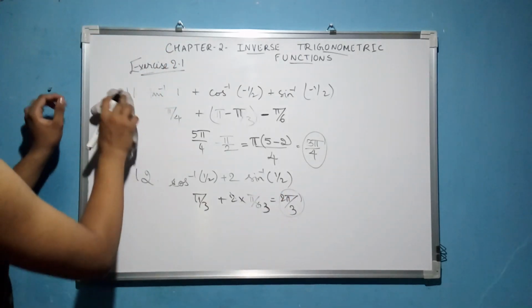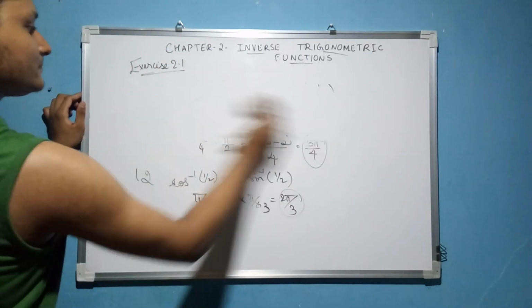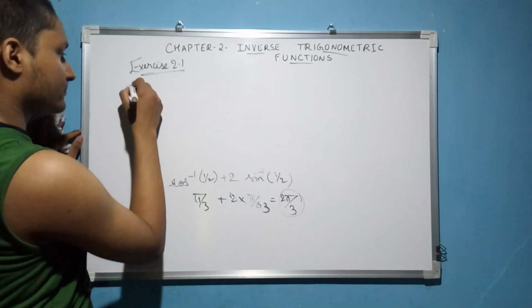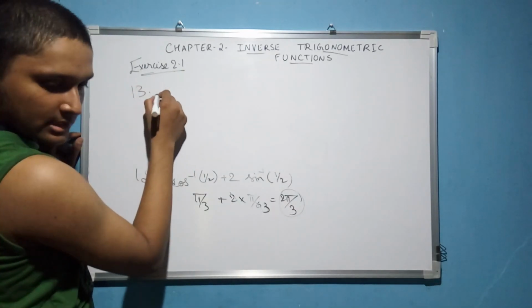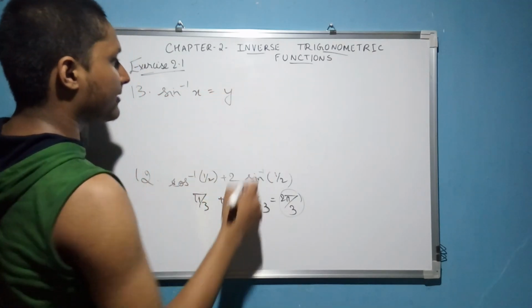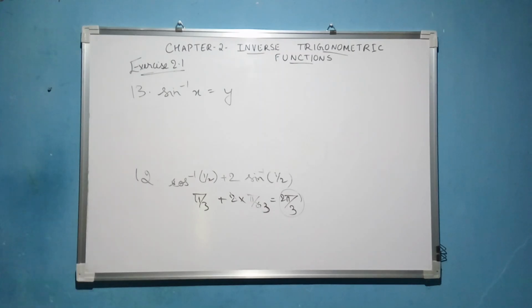Okay, now we have the multiple choice questions. That is the 13th question. The 13th question says you have sin inverse x is equal to y. So where does y belong to? You need to just tell where does y belong to.